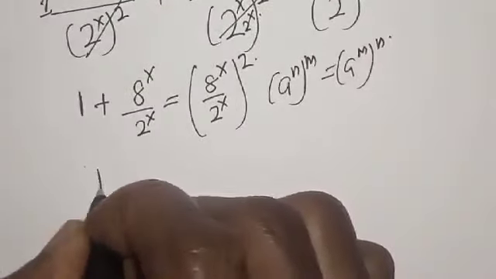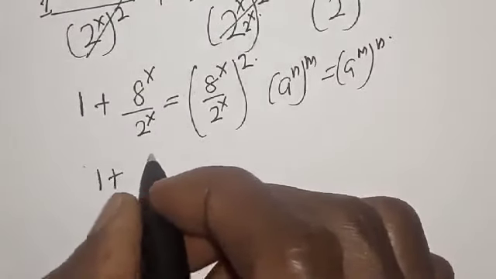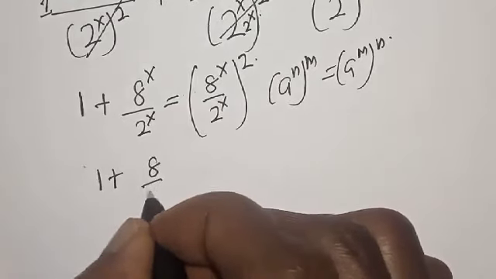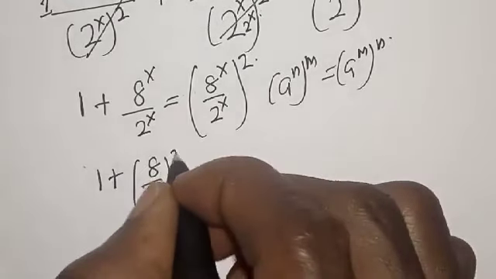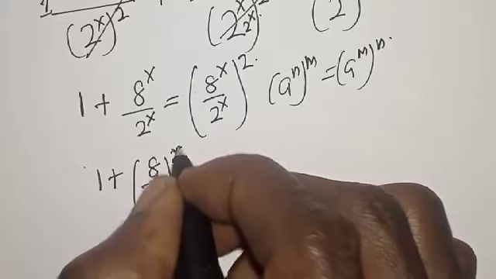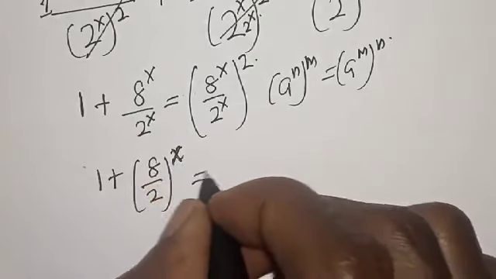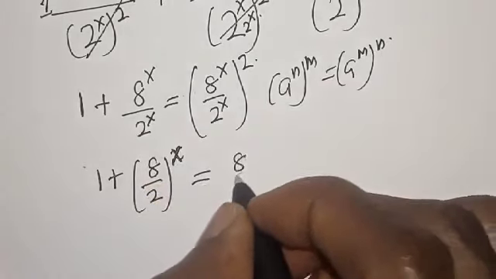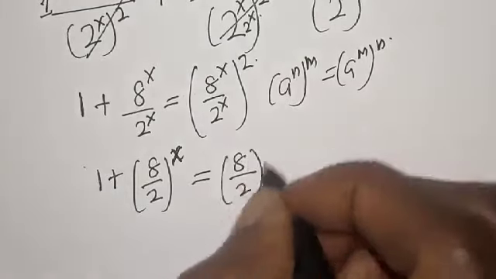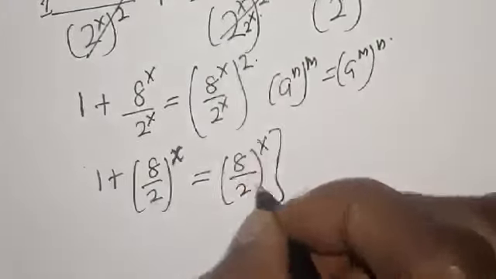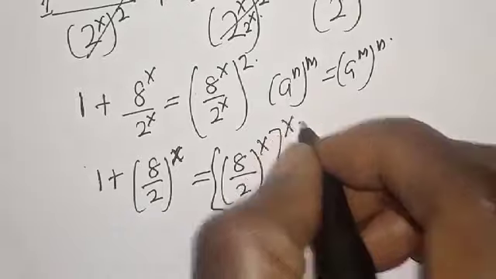Now we have 1 plus (8 over 2) all raised to power s is equal to ((8 over 2) all raised to power s) all squared.